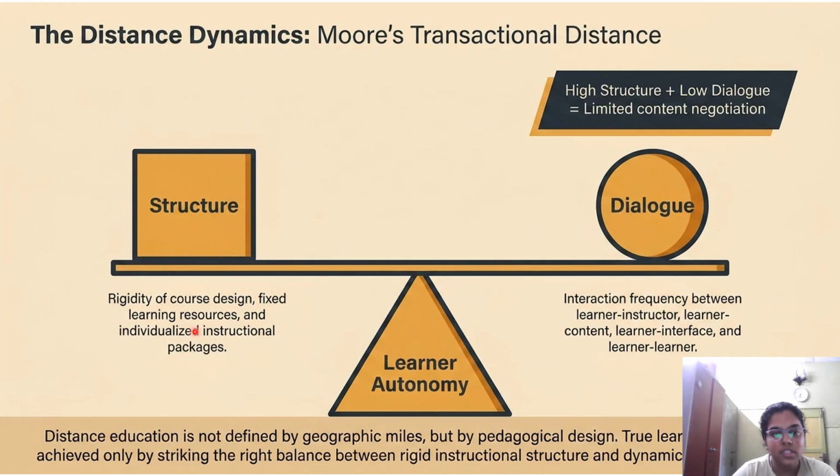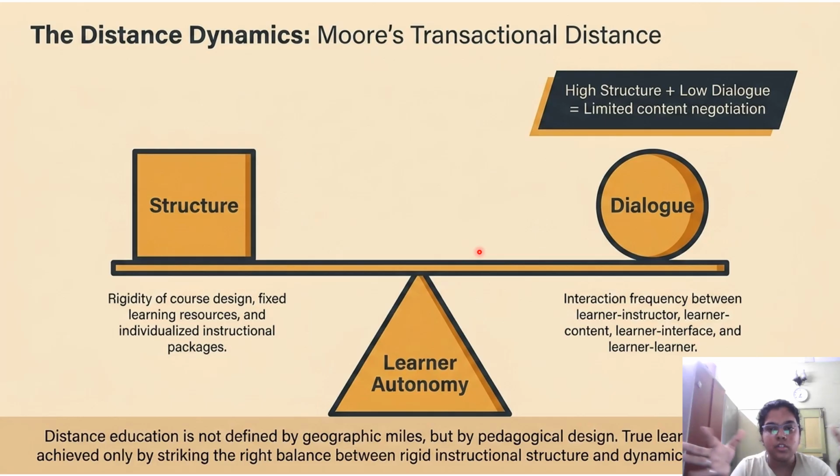In the structure, what is said is that there was rigidity of course design, learning resources were fixed, and individualized instructional packages were there. And in the case of dialogue, we see the interaction frequency between learner and instructor, learner and content, learner and interface, and learner and learner. So this is the learner autonomy shown in the distance dynamics.